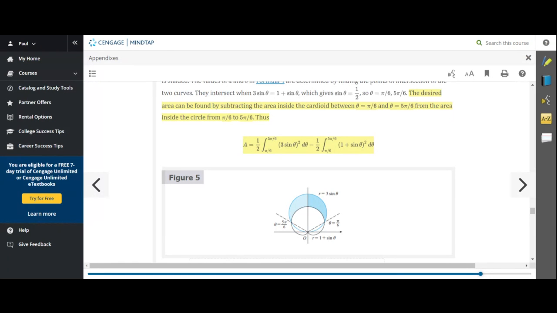Then you subtract the second area from that area. The second area is the area underneath the cardioid from 30 degrees to 150 degrees. If you subtract those areas, that's what you need to do.